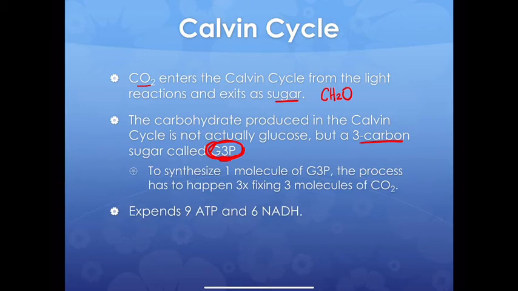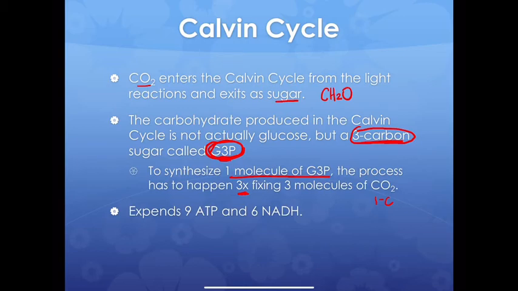Okay, so in order to make one molecule of G3P, we have to have the Calvin cycle, the round and round, happen 3 times. 3 carbon dioxides, because it's a 1-carbon molecule, and we're trying to make a 3-carbon molecule. So it has to go round and round 3 times to be able to make 1 molecule of G3P.